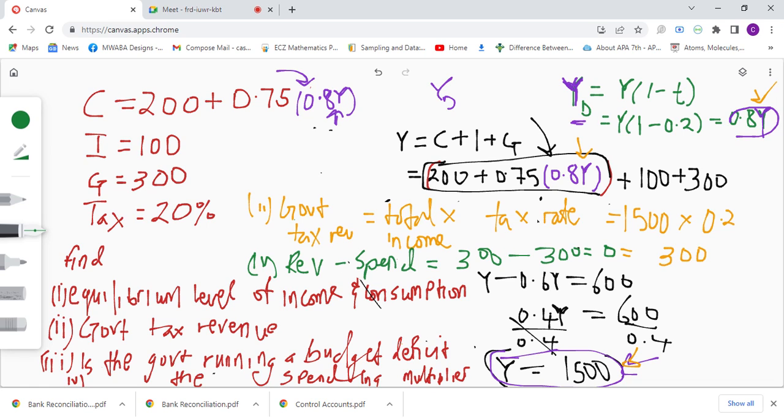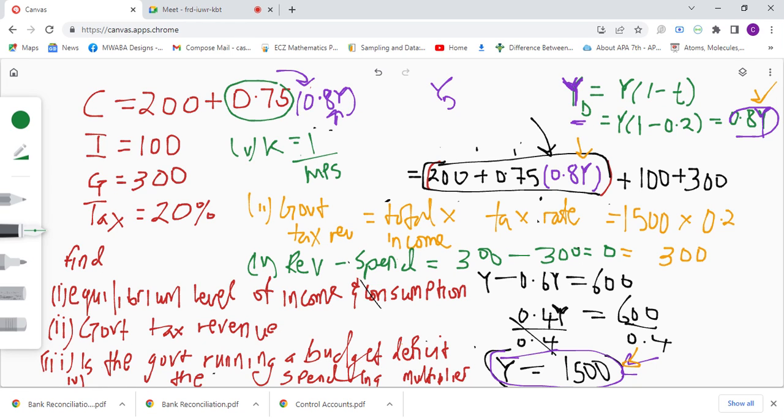And then finally, we calculate the spending multiplier. The spending multiplier is K equals 1 over the marginal propensity to save. We already have our marginal propensity to consume, which is 0.75.